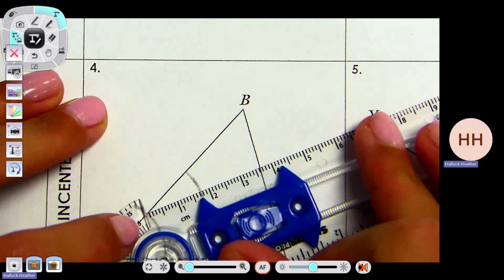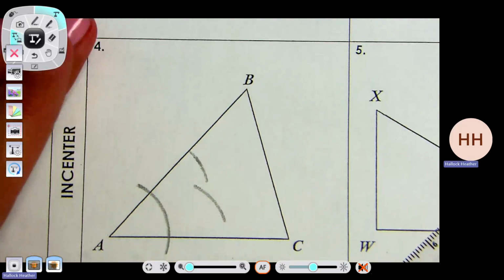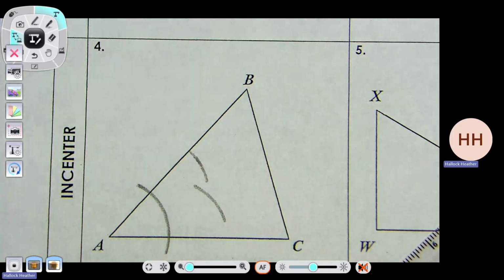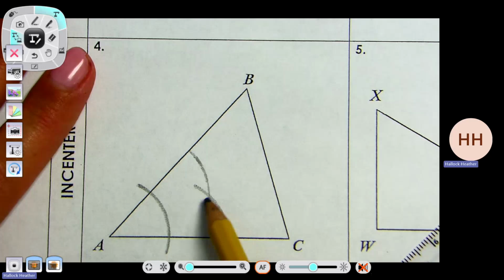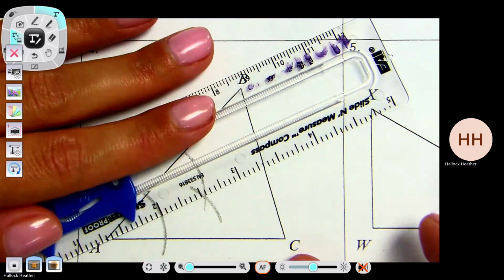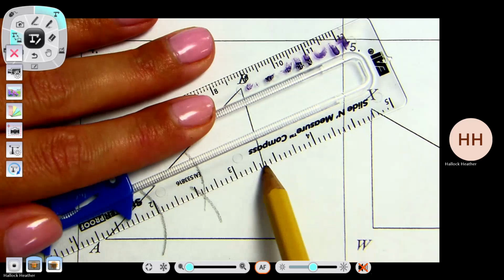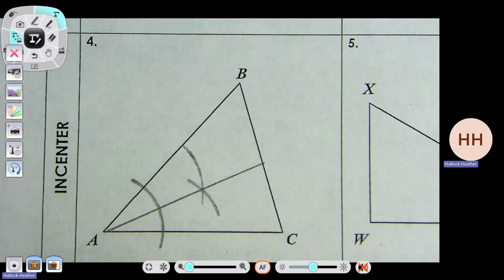So if I do this, they don't cross because I didn't make them long enough, because you have to make them going inside the alligator's mouth. So if you go back and you just extend it a little, they would cross, and where they intersect goes to the angle. And you're going to pick one other angle to do that to. You can do it to B or C. It does not matter.